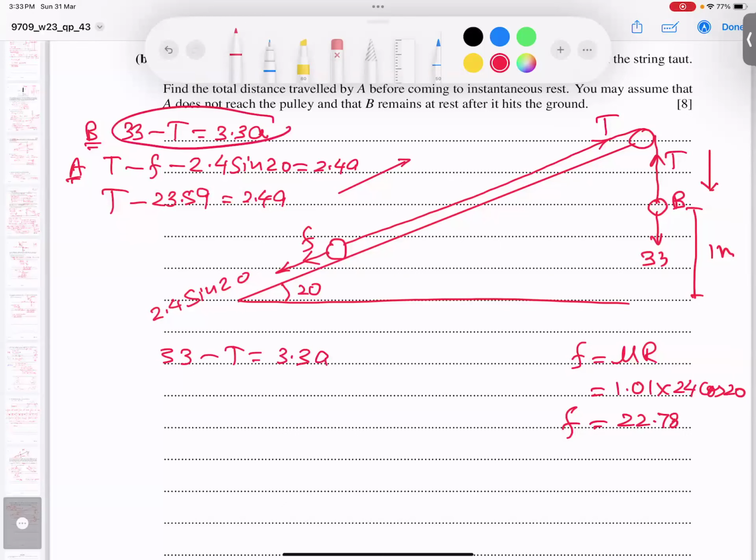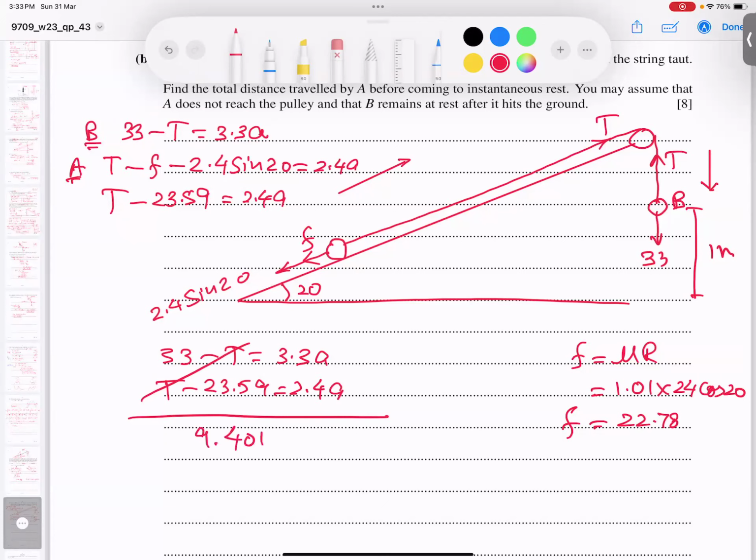I copied this equation, done. So tension minus 23.59 equals 2.4a. So tension cancels out, and from 33, if you subtract this, I get 9.401, and here I get a 5.7. So we divide by 5.7, we get acceleration 1 point.